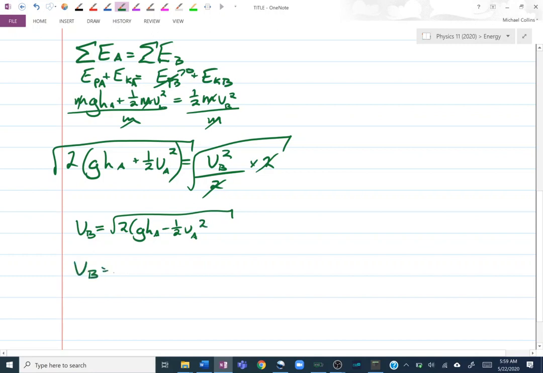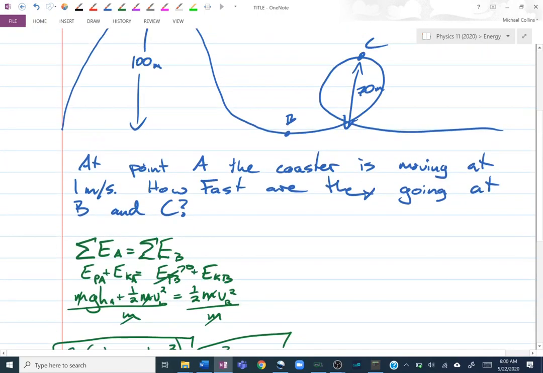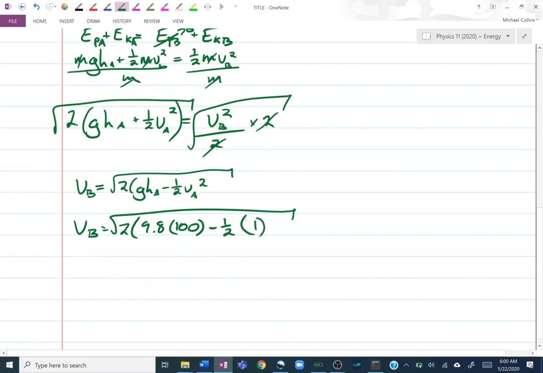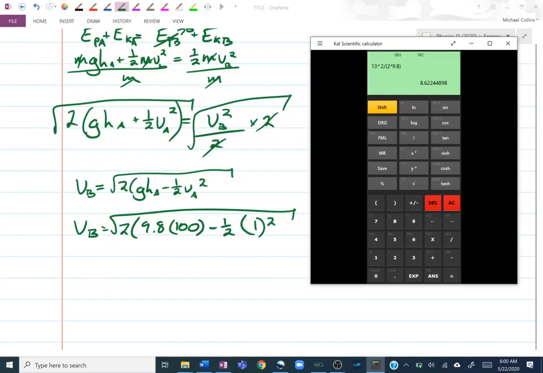VB is going to be equal to the square root of 2 times 9.8 times (the height at A, I think, was 100 meters, yeah, 100 minus a half times the velocity at A, which I think we're moving slow, so it's a 1 squared). I can pull up my calculator, plug these numbers in.